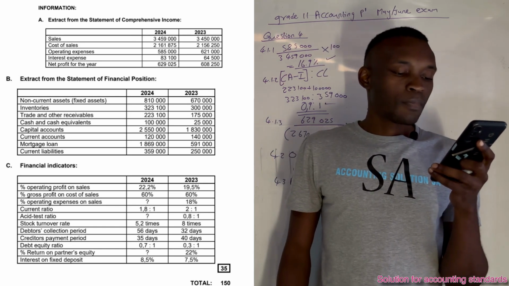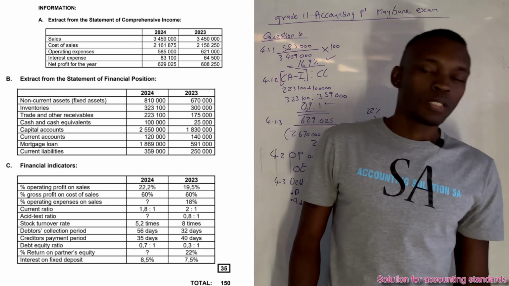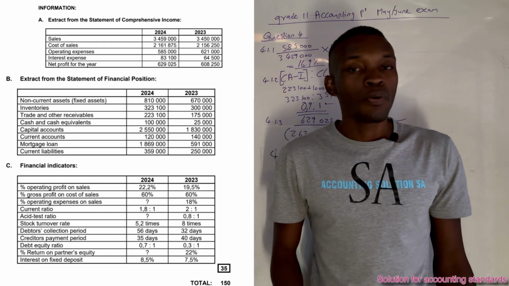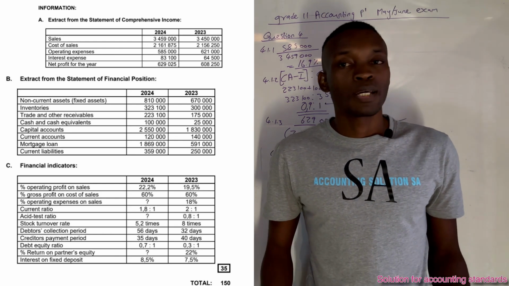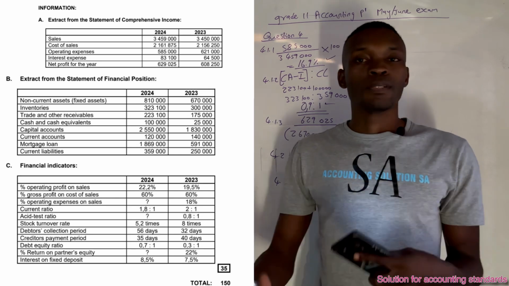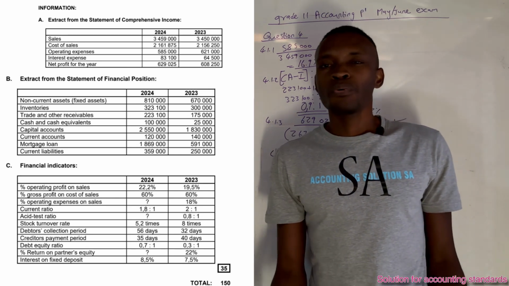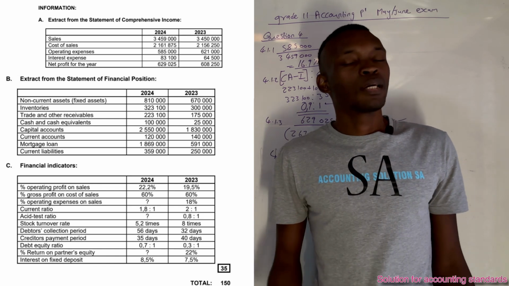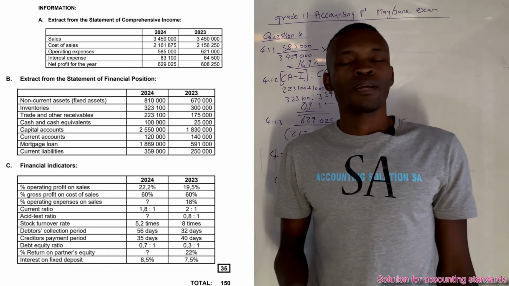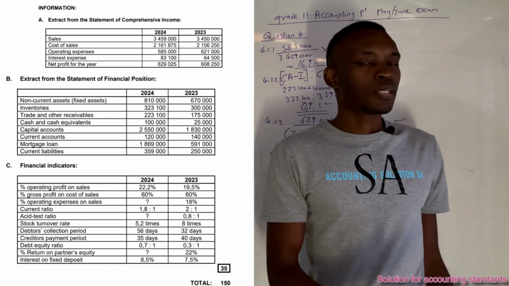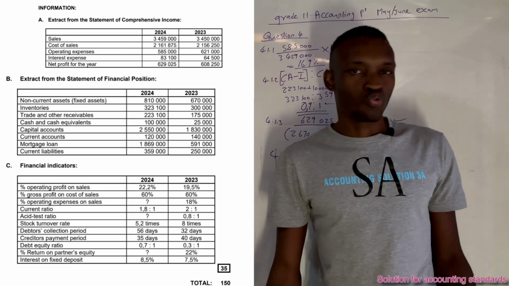It has decreased from 8.0 times to 5.2. The higher the stock turnover rate, it simply means that we were stocking too many times. But if the number is very low, it means the stock we used to have was staying in the business for a very long time, which is not good.